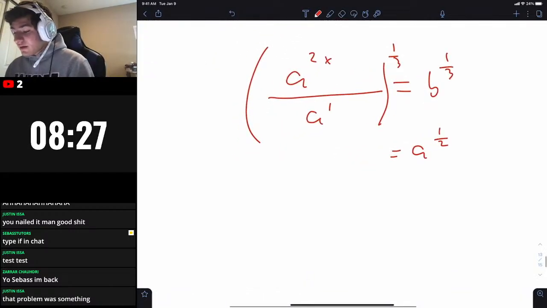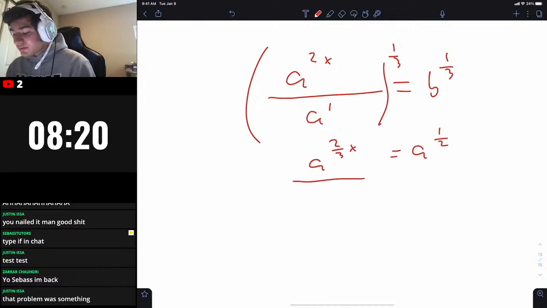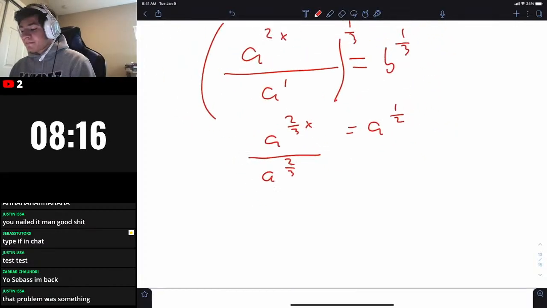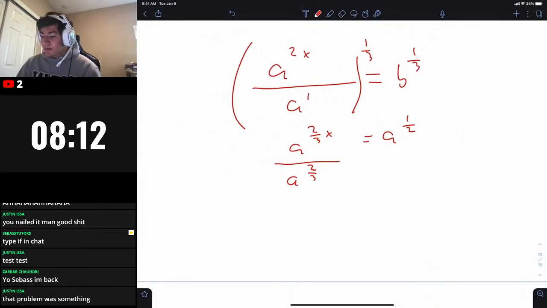And I'm going to get a to the 2/3 x over a to the 2/3. Cool. Now we're simply in terms of a, which I like. And then I am going to raise everything to the 3rd power.